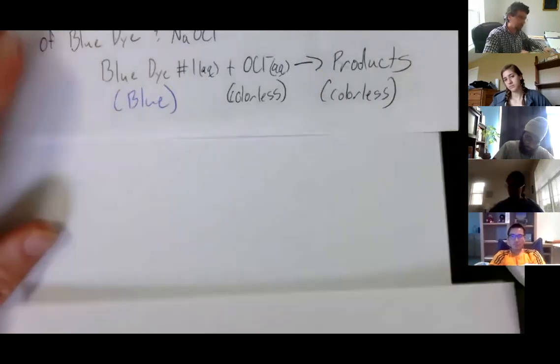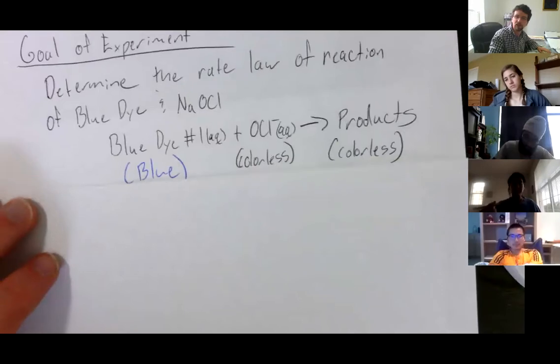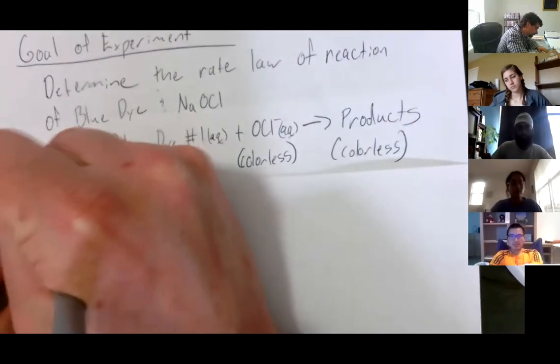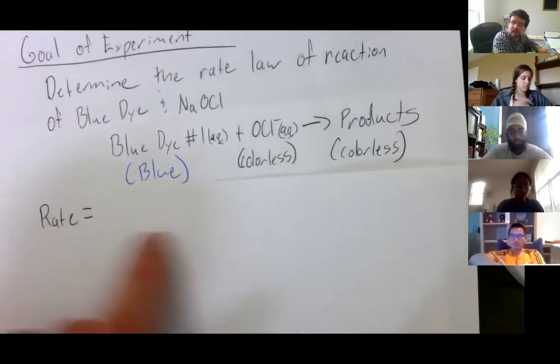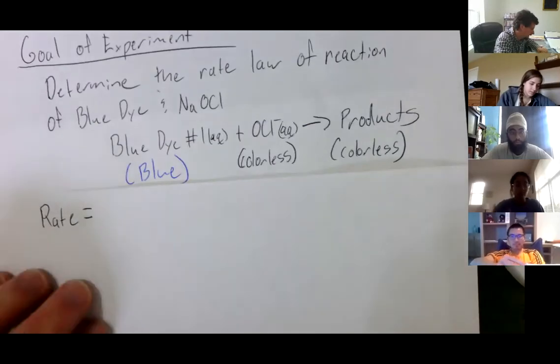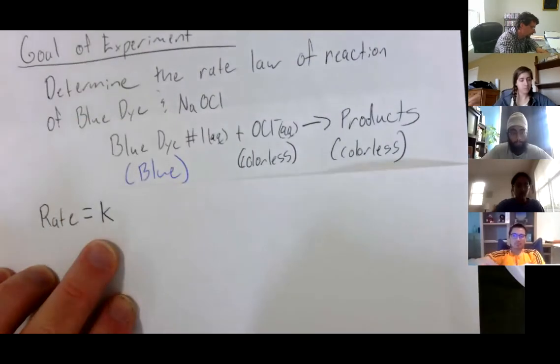Okay, but now what about the rate law? Let's say we were coming up with a generic rate law. We have rate is equal to something. What else do we need here? K. Yep, we need a K, so a rate constant.